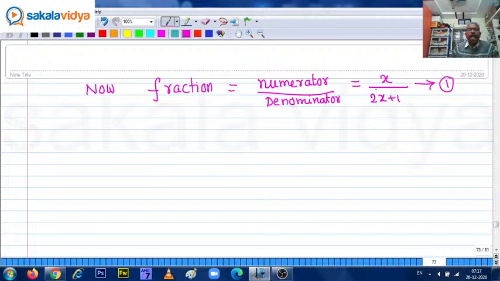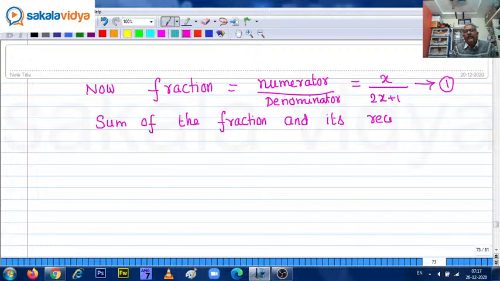Okay, according to the problem, first of all write down: sum of the fraction and its reciprocal equals 2 times 16 of 21.